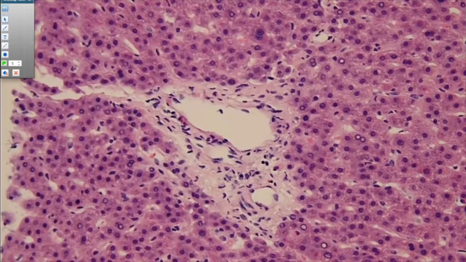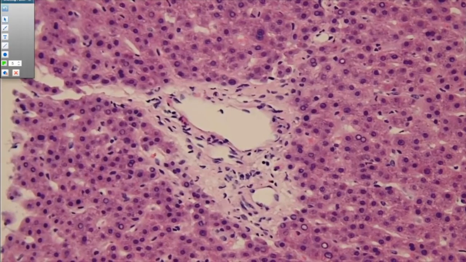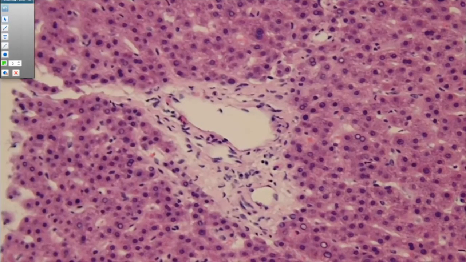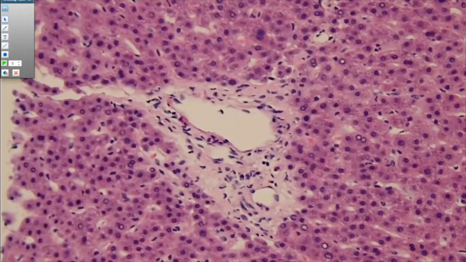Then we can call bile duct paucity. In early chronic rejection, bile duct loss is less than 50%. In late chronic rejection, bile duct loss is greater than 50%. And for artery, 25% is the cutoff. If there are 10 portal triads, 25% is 2.5.